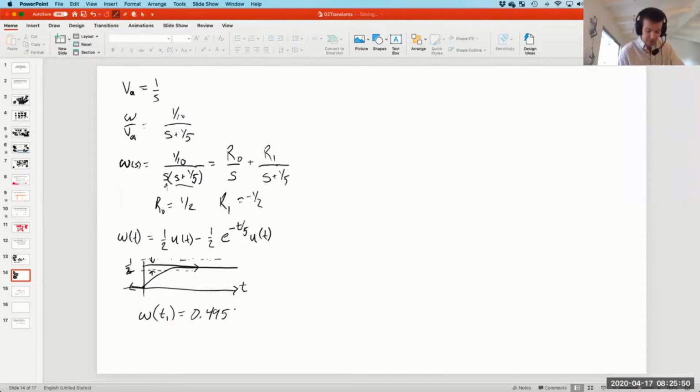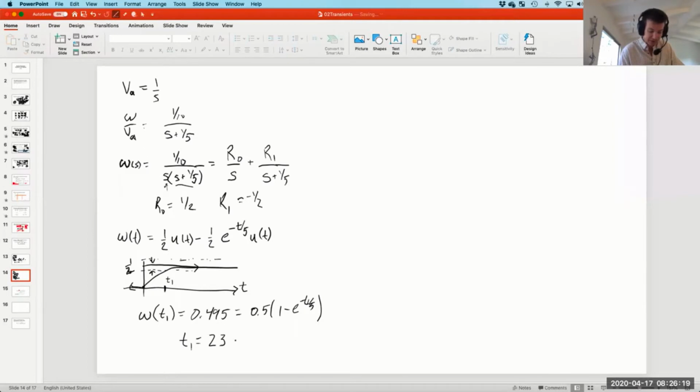Okay, so then all this is a little bit of algebra. So we get 0.5 times 1 minus e to the minus t1 over 5. And this t1 is clearly in positive time, so I'm not even going to write the step. The step is on, so we don't need to consider it. Okay, so you take some natural logs, you do a little bit of division, and you find that t1 is actually really long.